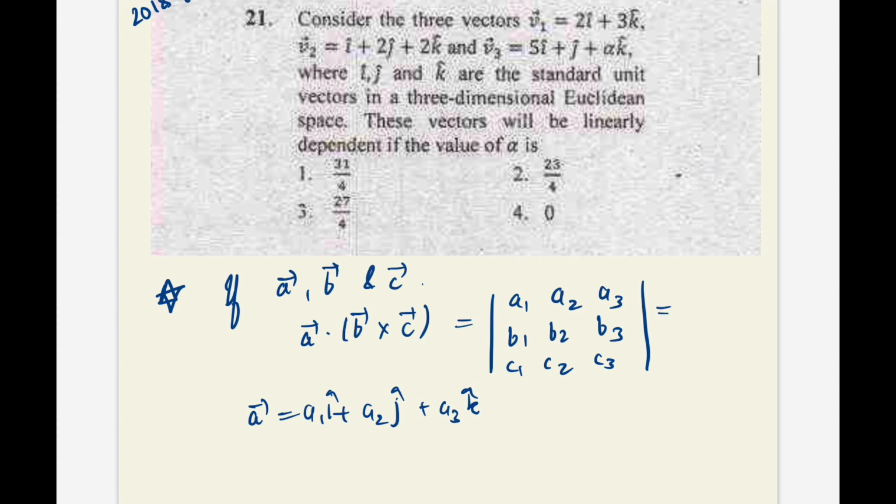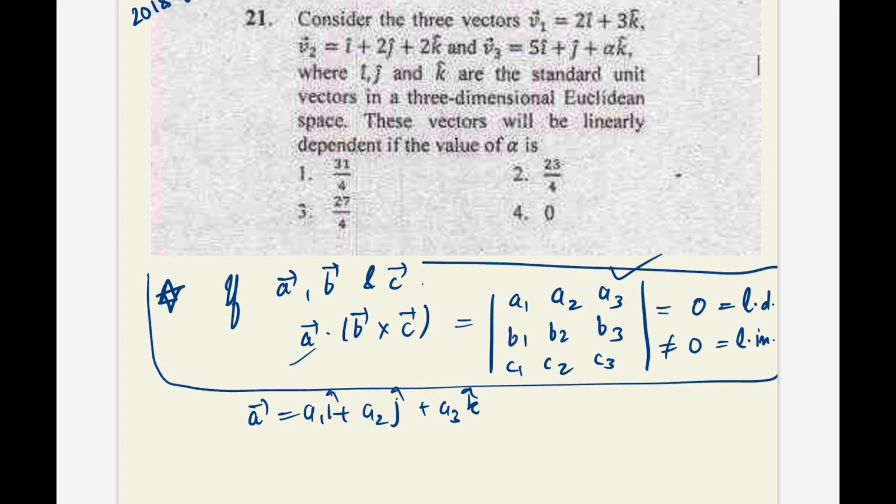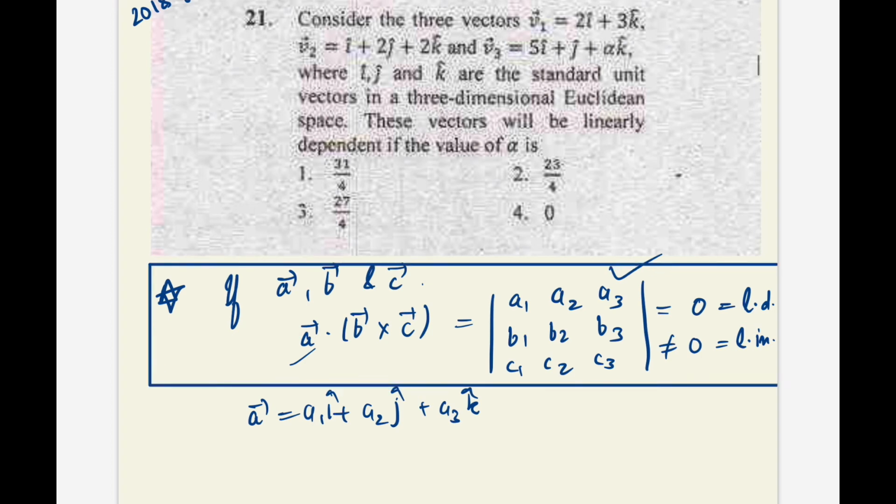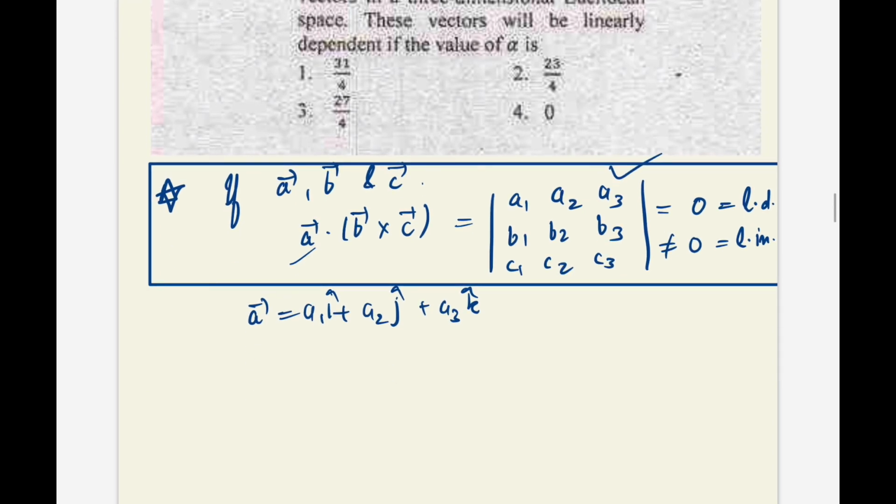If this determinant or triple product is equal to 0, then the vectors are linearly dependent. If it is not equal to 0, then they are linearly independent. This is the concept which has to be remembered always.